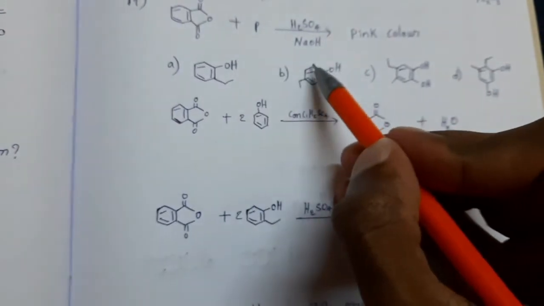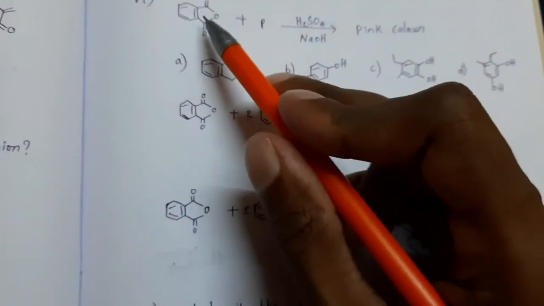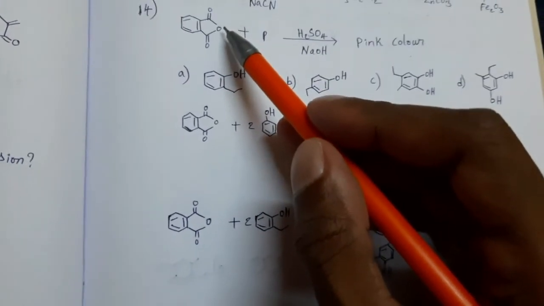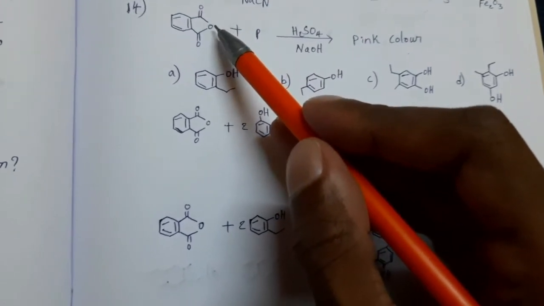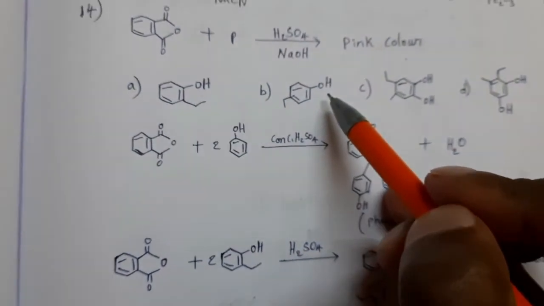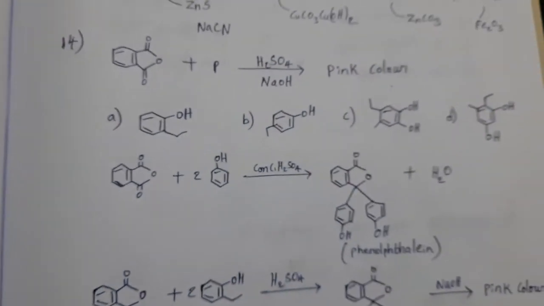If it is attached to this position, it is a bulky group. So repulsive forces dominate between the lone pair of electrons on this oxygen and the lone pair on this oxygen. That's why the product is not stable.